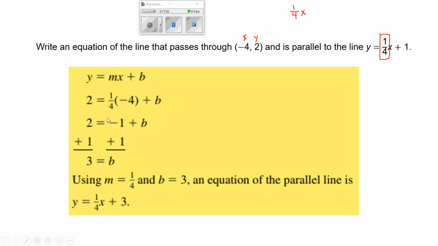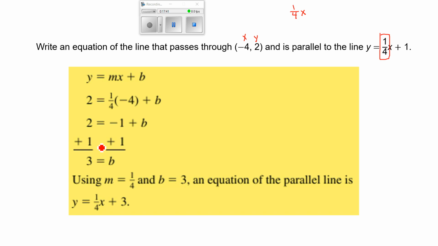As you can see, they went one step further. Because they gave you x and y, they put this right into your slope-intercept form. Genius. Okay, so what they did is they took x, which is negative 4, and replaced it with x, right? Then they took 2, which is y, and replaced y with it.